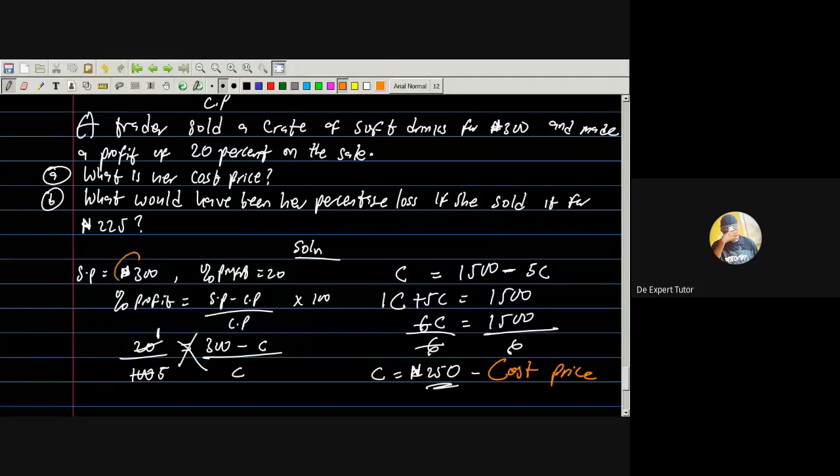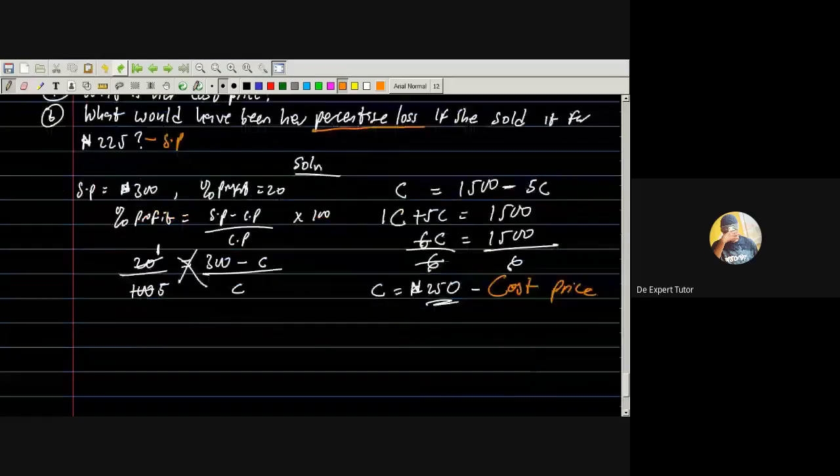And the person sold it for what? 300 naira. So that's a gain. That's nice business. They now ask what would have been the percentage loss if she sold it for a new selling price, 225 naira. Now pay attention. My cost price remained the same.